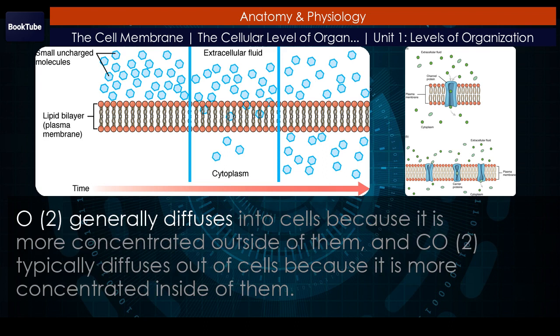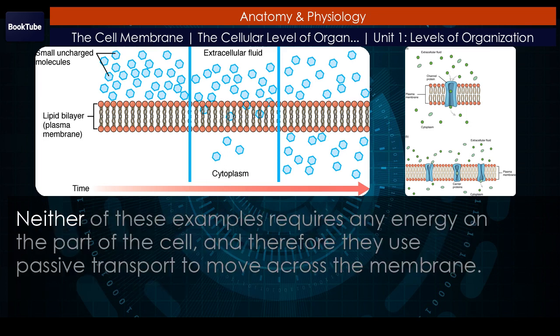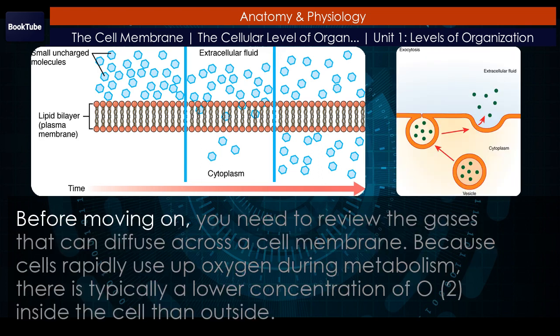O2 generally diffuses into cells because it is more concentrated outside of them, and CO2 typically diffuses out of cells because it is more concentrated inside of them. Neither of these examples requires any energy on the part of the cell, and therefore they use passive transport to move across the membrane.